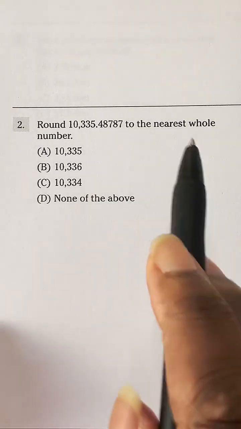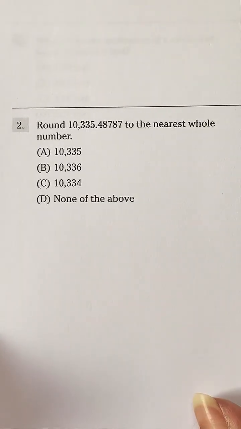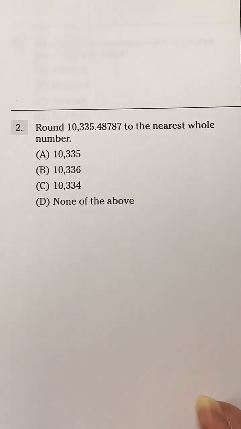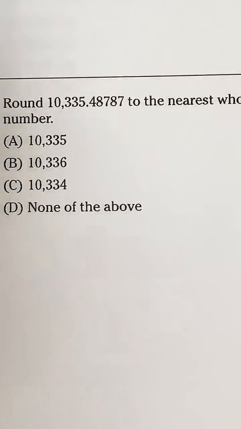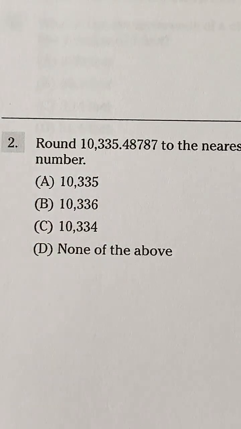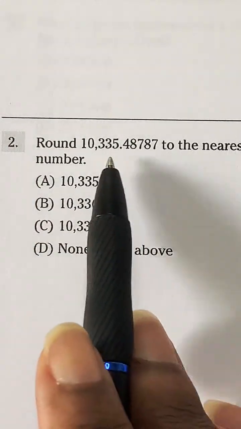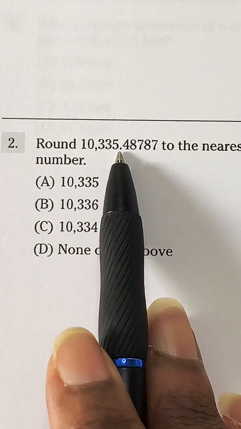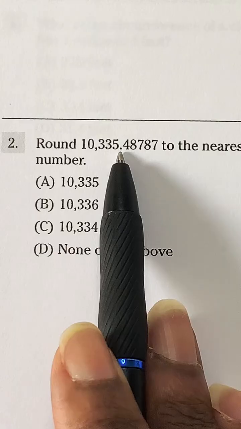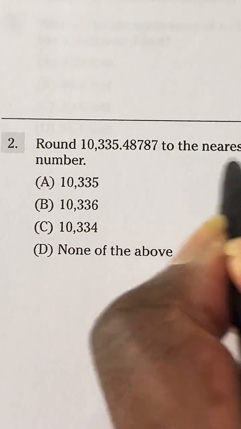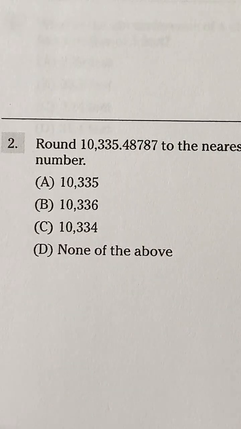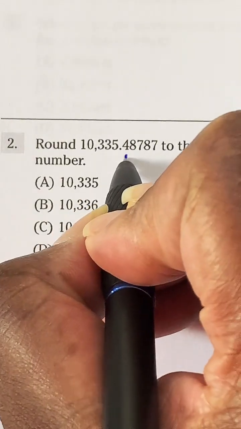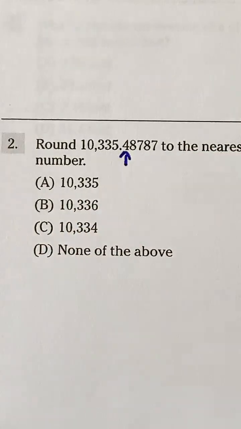All right, so if we're rounding to the nearest whole number, maybe if I zoom in a little bit more, you might be able to see it. Okay, so this is a comma, but this is a decimal point. If we're going to round to the nearest whole number, that means I need to look at my 10th spot, which is that 4. So here's the old saying.